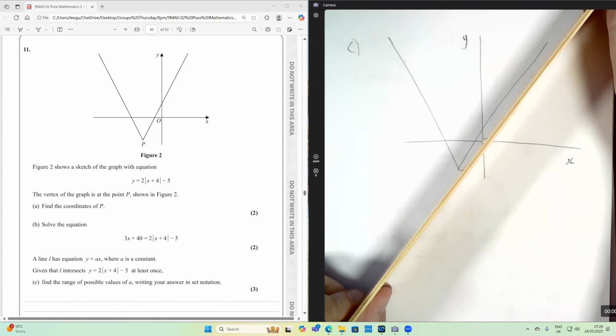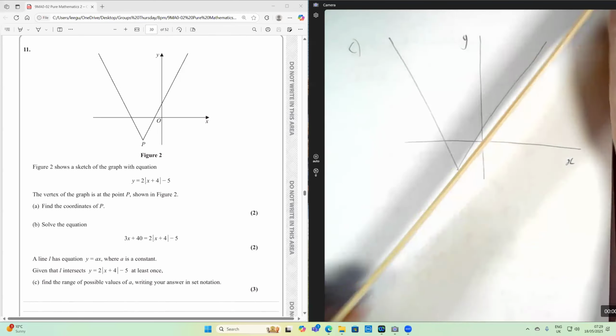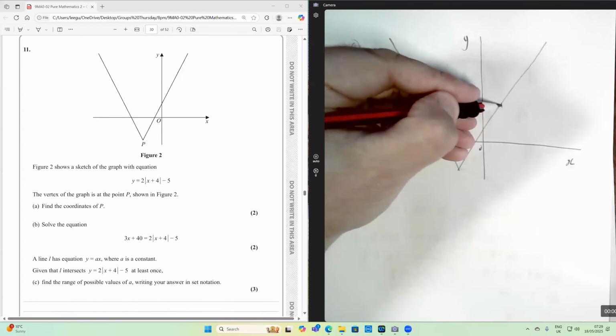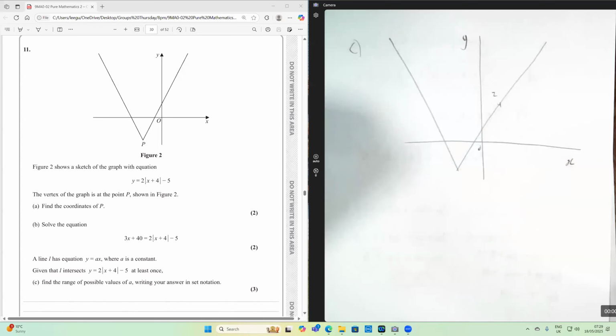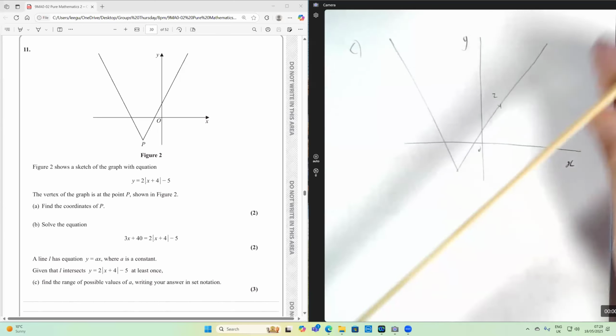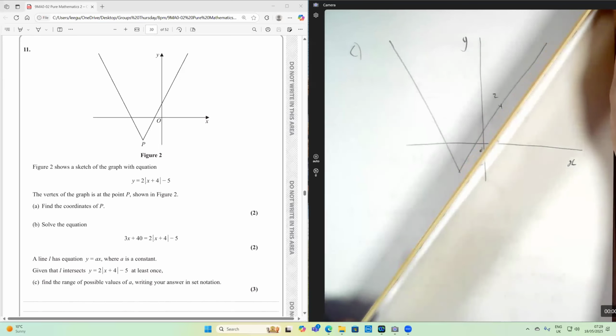And we can infer from the equation of the curve that the gradient here is 2, okay? So the gradient of this line is 2. And that's very analogous to the completing the square form. It's analogous to y equals mx plus c, to be honest. So this is a gradient of 2.